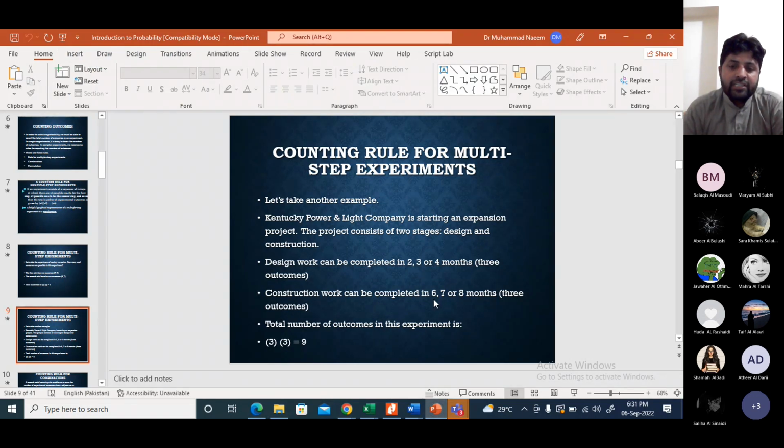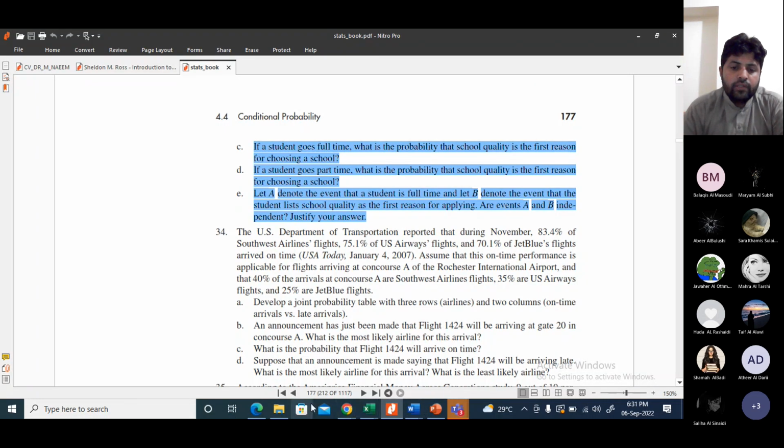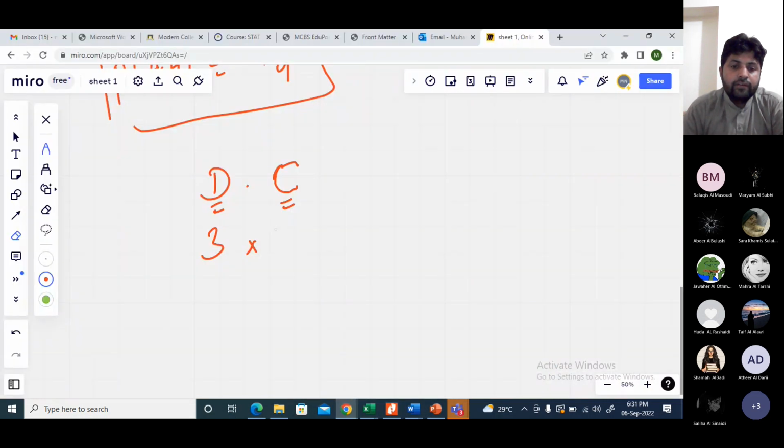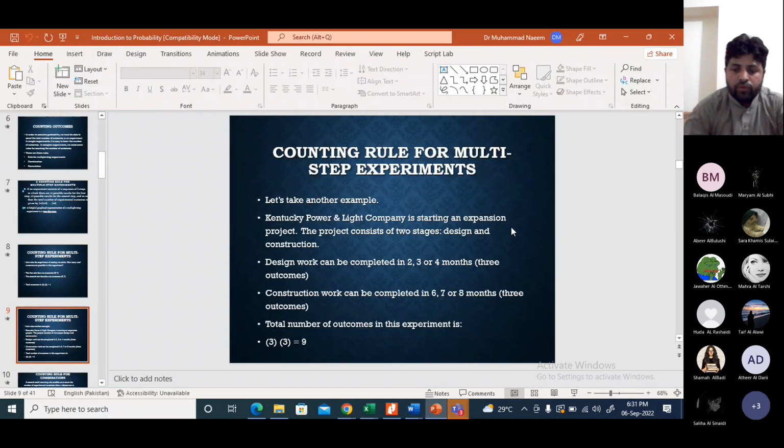In total, these are 3 experimental outcomes, so we can write 3 as well here. So total number of 9 experimental outcomes in this case. So this is the total number of experimental outcomes in this problem.